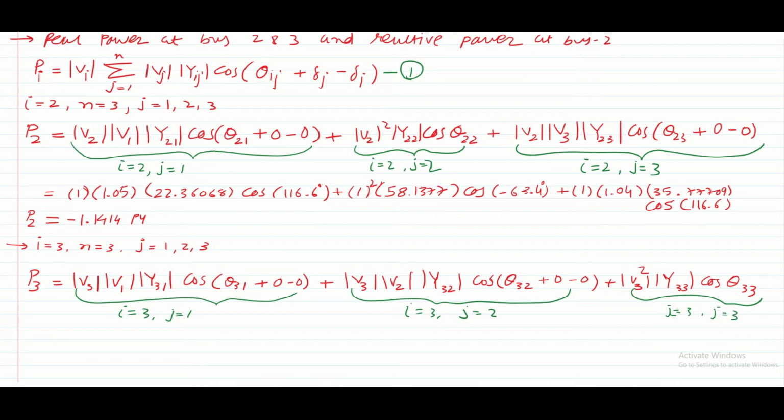So the final answer for this calculation after substituting all the values you will get 0.5616 per unit.